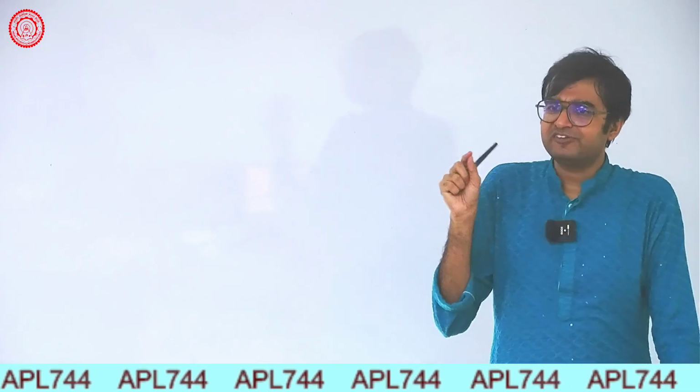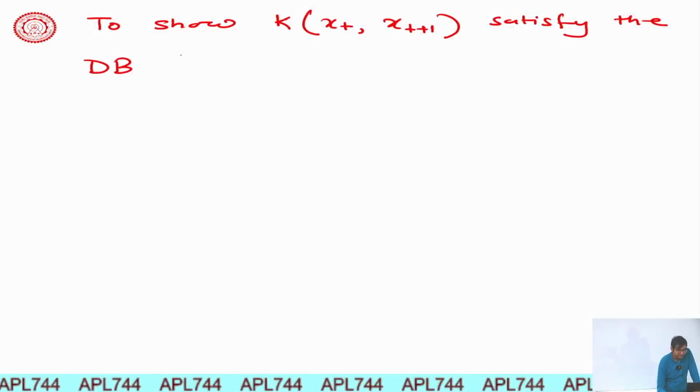Detailed balance has another name, by the way, I did not mention it last time. It is also known as the reversibility condition. Satisfy the dB criteria, the dB condition.